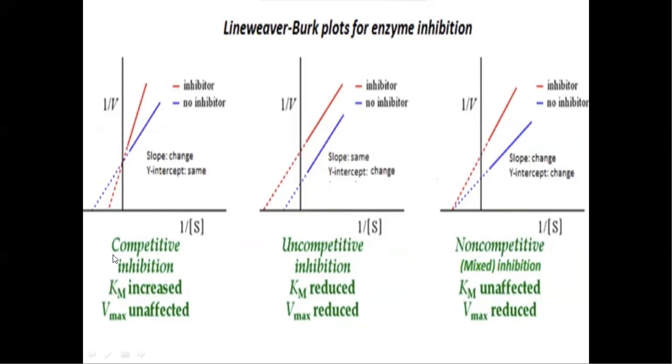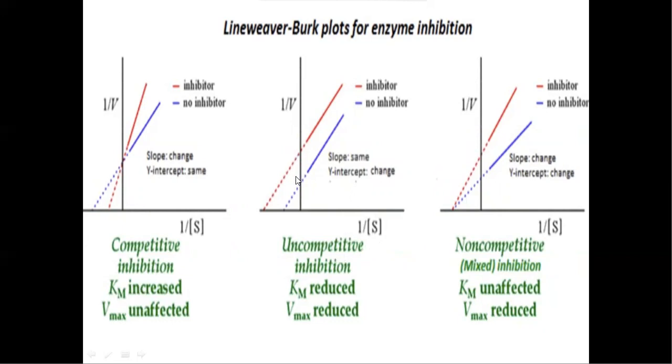Why? Because the competitive inhibitor acts at the active site. The inhibitor competes with the substrate, so the active site is the same for the inhibitor as well as the substrate. That's why the Vmax value will always be the same, it will not change. But the Km value will be increased. So this is about competitive inhibition. The second one is uncompetitive inhibition.